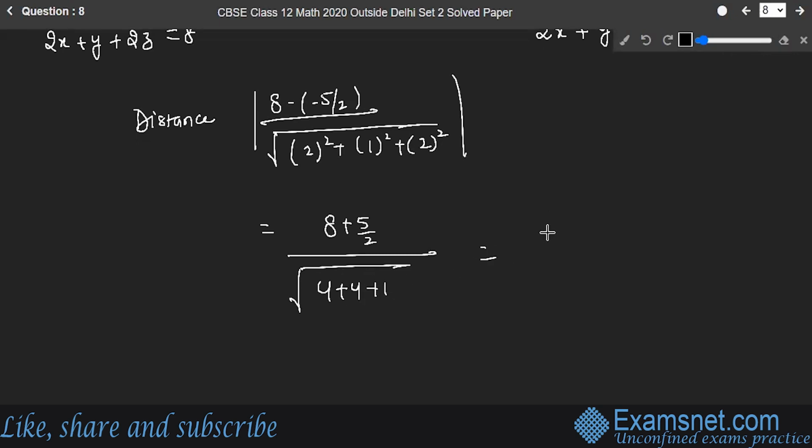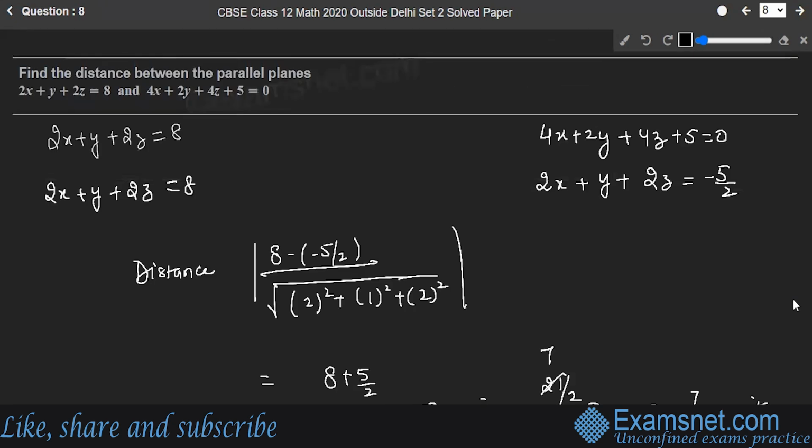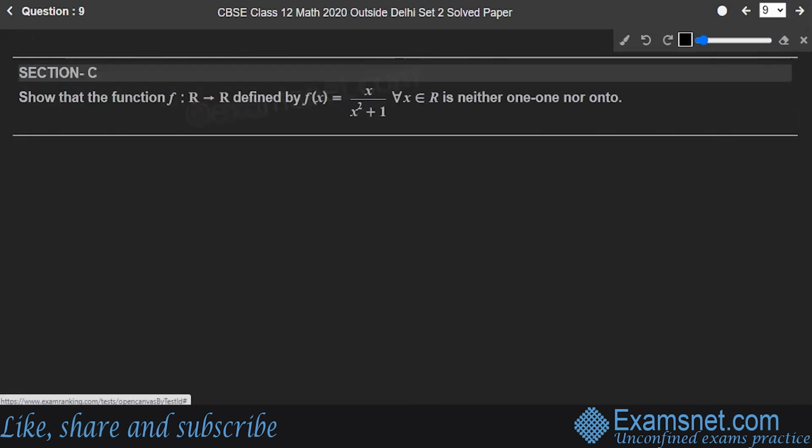This is equal to 21 upon 2 upon root of 9. This is equal to 3. And this and this will cancel. So you will have 7 upon 2 units. So distance between two parallel planes is equal to 7 by 2 units. Hope you understood that. Let's move to the next question, number 9.